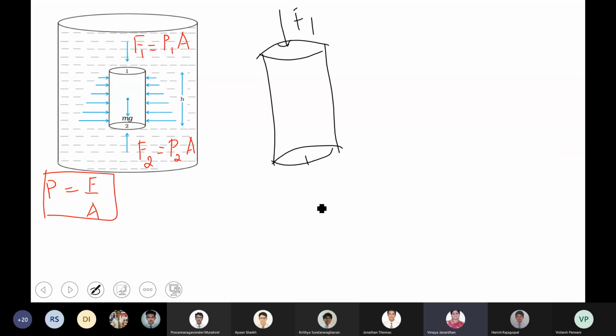There is a force F1, a force F2, and then a force mg. If this cylinder has to be balanced, the net of forces F1, F2, and mg should add up to 0. Are you clear, boys? All the forces acting along the sides cancel out. Now the net upward force must be equal to the net downward force.